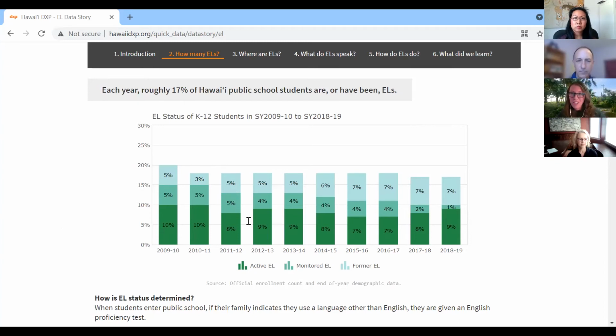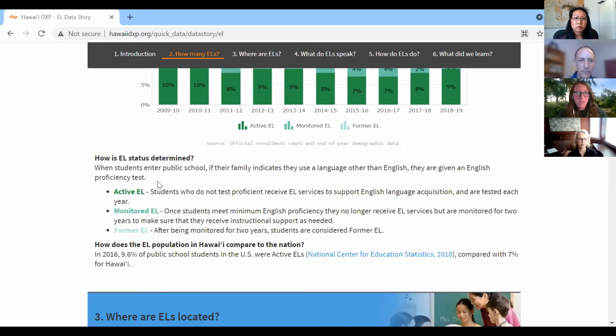And I was mentioning this to our group that when students enter the school, if their families indicate that they speak a language other than English, then they are given a proficiency test. And Hawaii uses the WIDA standards and assessment. And so these are the three groups that they see.